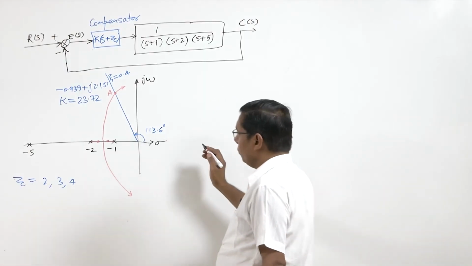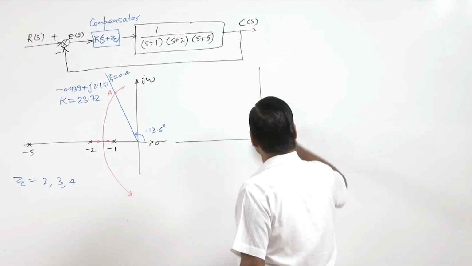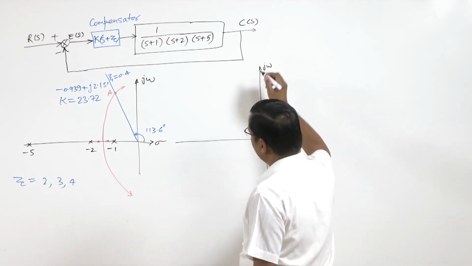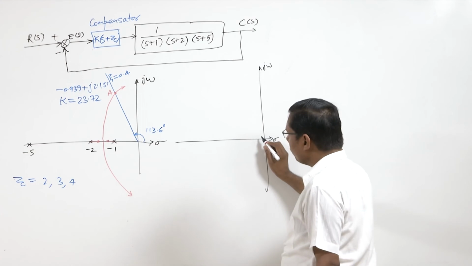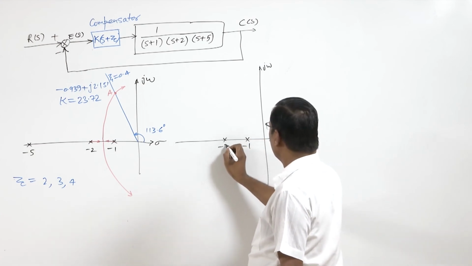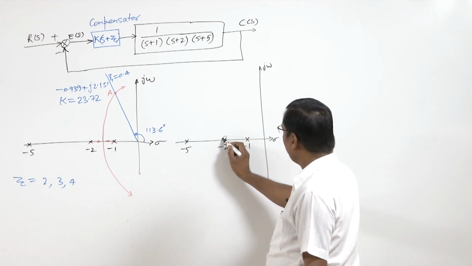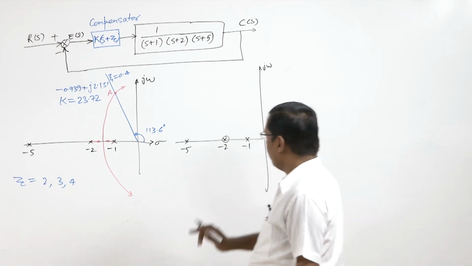So here for this root locus we can plot sigma. We have -1, -2 and -5, and we are going to add one zero at -2.